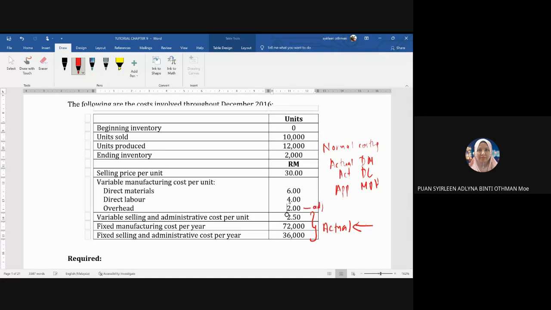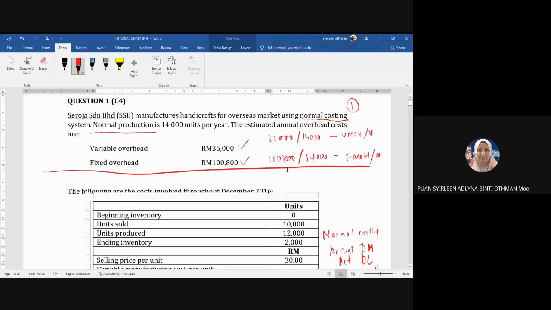So nanti you akan buat adjustment untuk your variable MOH di sini, sebab RM2 ni ialah per unit yang actual. Tadi yang dekat atas tu yang kita dapatkan untuk applied tu, POR tu is 35,000 divide by 14,000 unit.